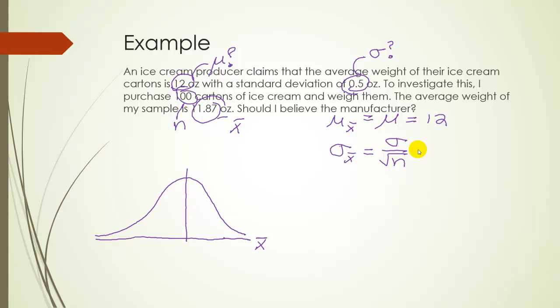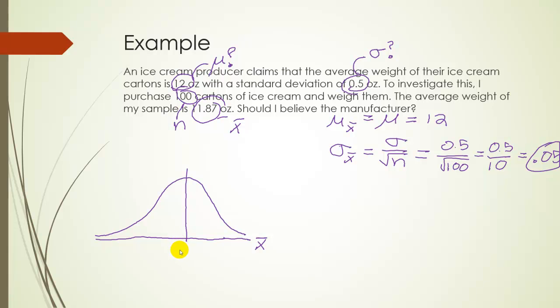Now, if the manufacturer is telling the truth, sigma should be equal to 0.5, and n is 100. So I just do 0.5 divided by the square root of 100. The square root of 100 is just 10, and 0.5 divided by 10 is just 0.05. All right, so that's sigma x bar.